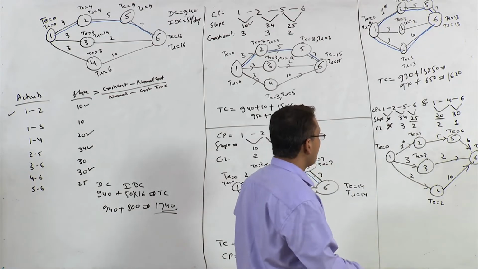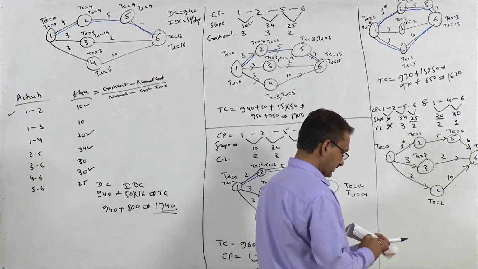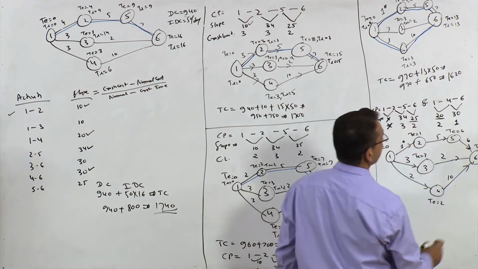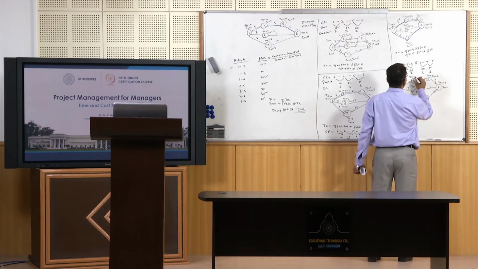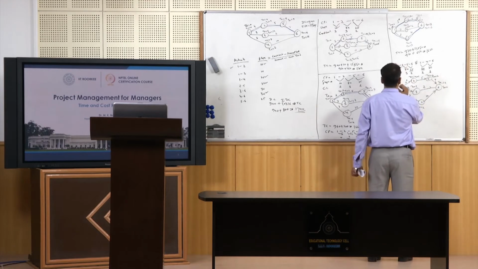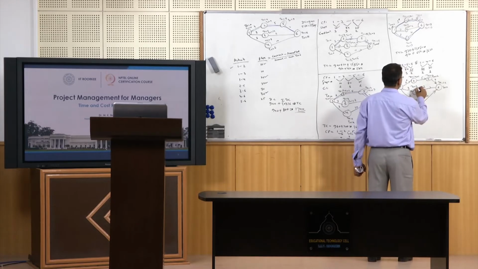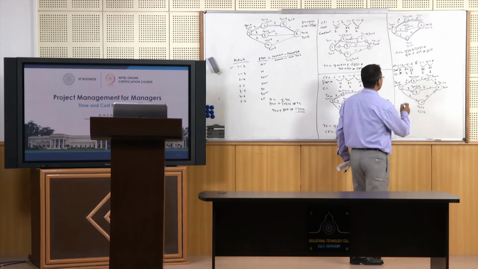Now let us just calculate TL also, right? So TL is equal to 12, TL is equal to 6 here, TL is equal to 1, TL is equal to 0 and TL is equal to 2, and TL here is 12 minus 2 is 10, right. So again you have got two critical paths.